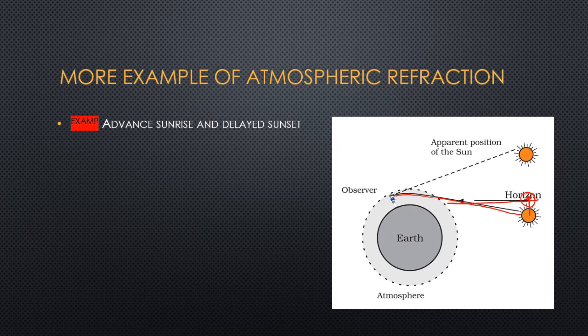As they bend and reach your eye, if you extend them backwards straight, you will see the sun here. Actually, the sun is at this point, but you are able to see it here because of this bending of light, or atmospheric refraction. Also the sun's disk looks flattened at sunrise and sunset, and that is also due to the same phenomenon. I hope you understood what advanced sunrise and delayed sunset are.